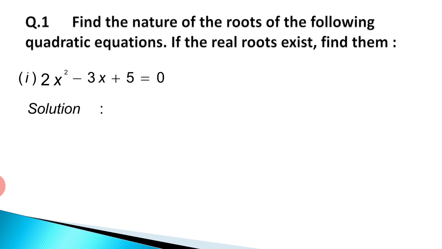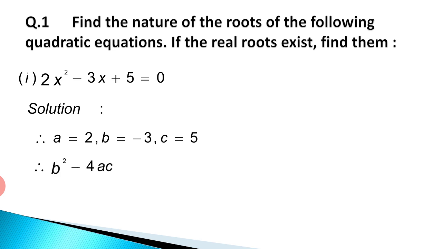What we need to do? Identify a, b, c. So a is equal to 2, b is equal to minus 3, c is equal to 5. Now if you make a mistake in identifying the coefficient, then the answer will be wrong. So whenever there is a negative sign, you have to see that you have written the coefficient as negative, that is minus 3x, so b is minus 3.